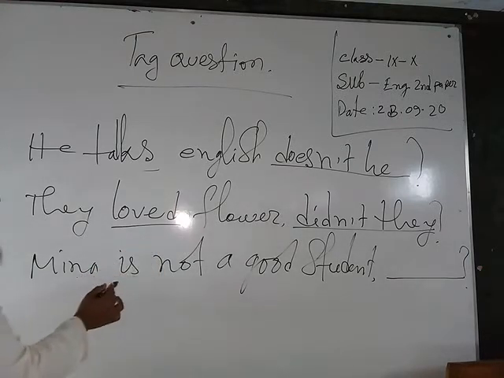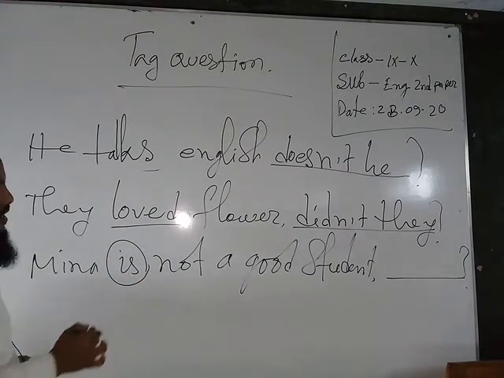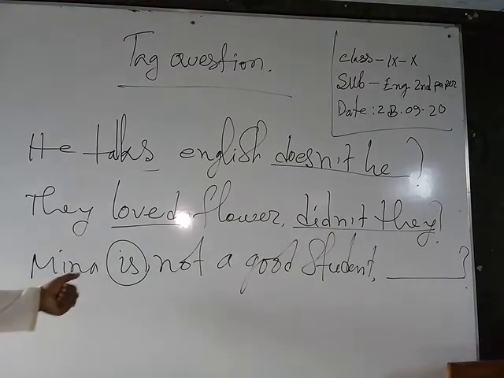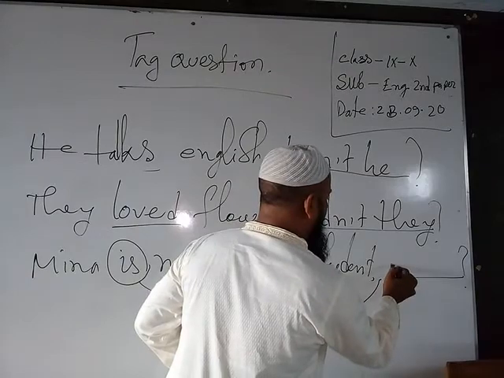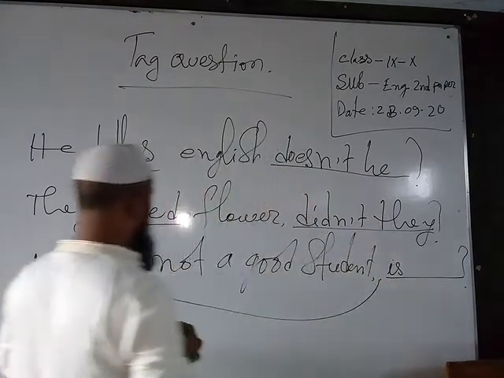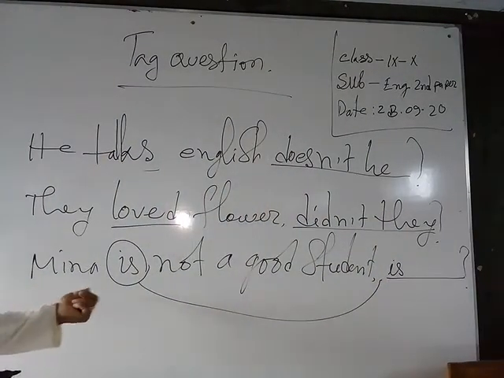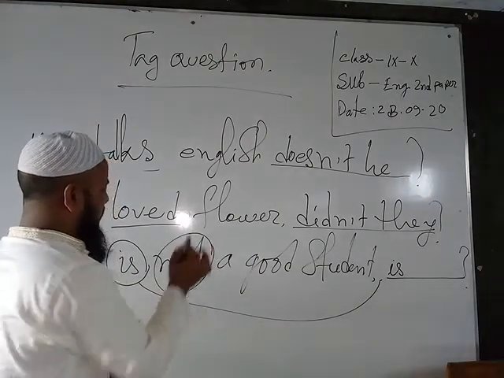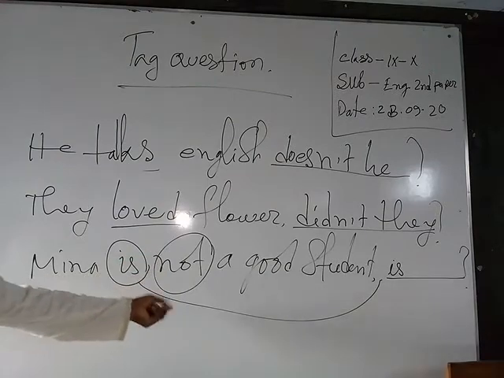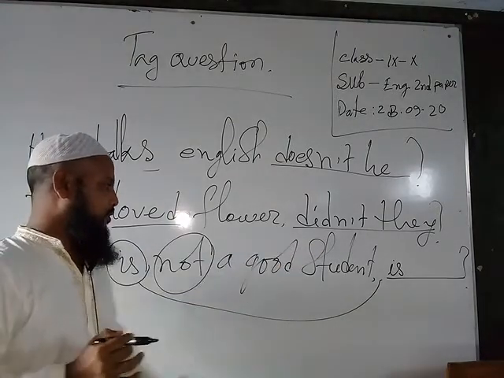in this sentence the verb is is, so if a sentence has an auxiliary verb, we use it directly. Here we write is, and if the sentence is negative, we don't use the negative term. Here the negative term is not, so we don't use not in the tag question.